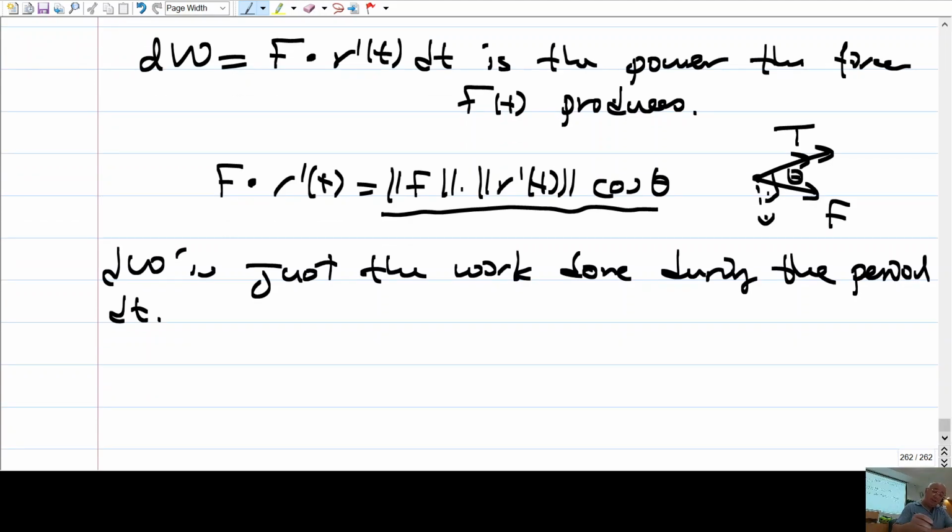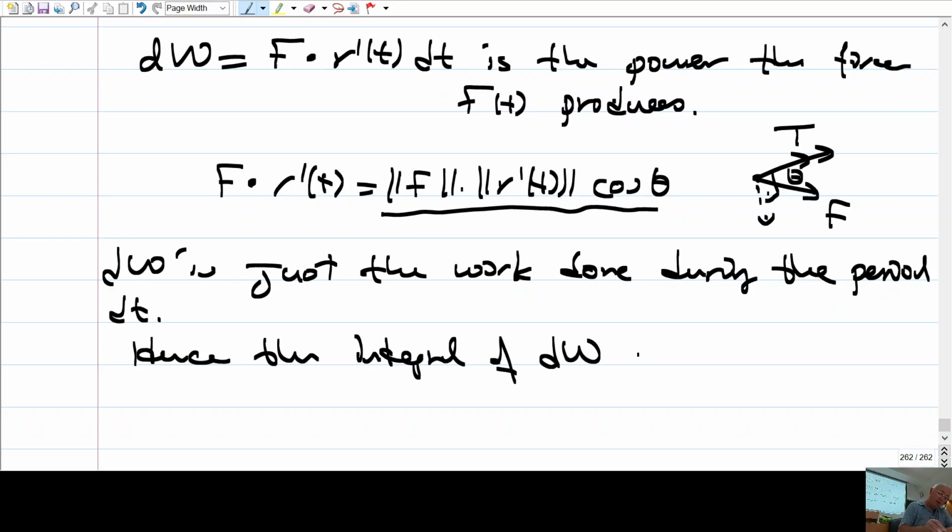Okay, so the integral of dW, which is the integral of F dot.